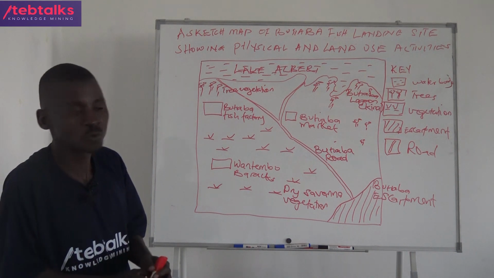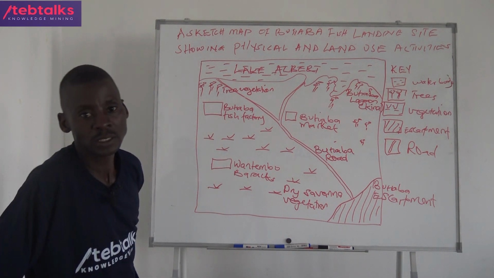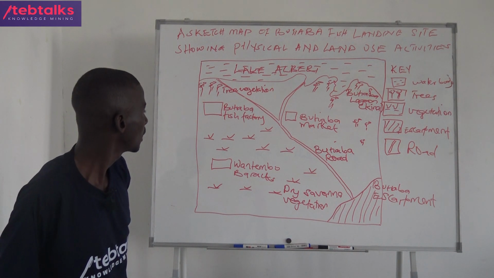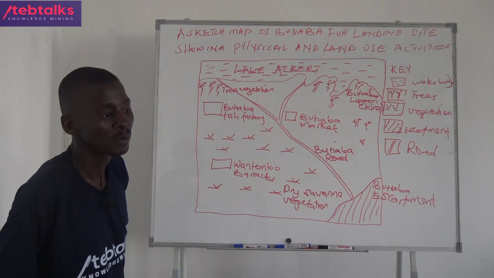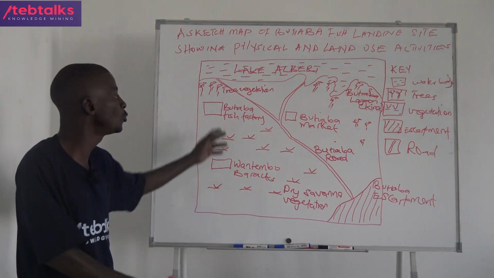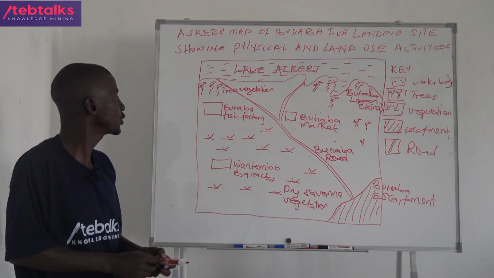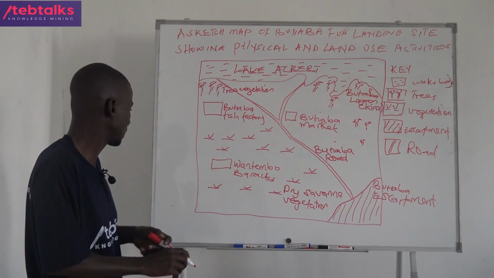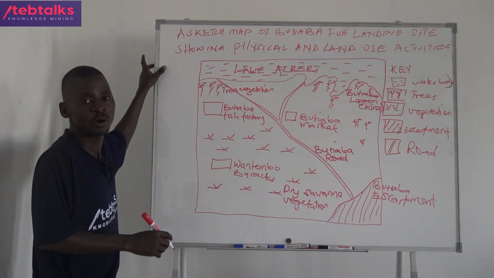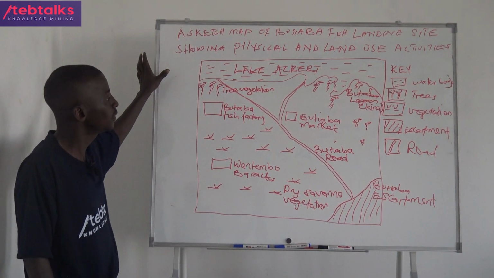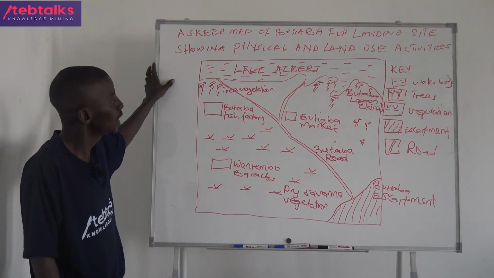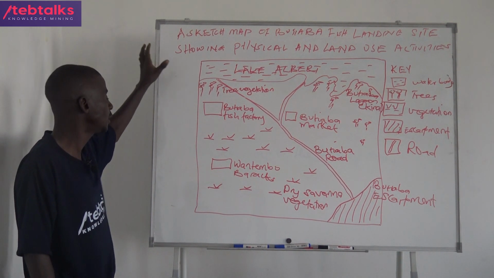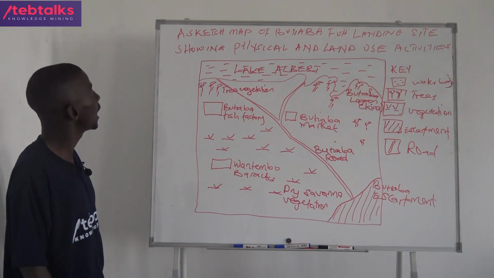There is no way we are going to do fieldwork without knowing the sketch map of the area of study. Sketches will vary depending on the area where you have gone for your fieldwork. But any sketch should be marked or drawn depending on those things: 3 physical features, 3 land use activities, a key, of course a frame, and a title.